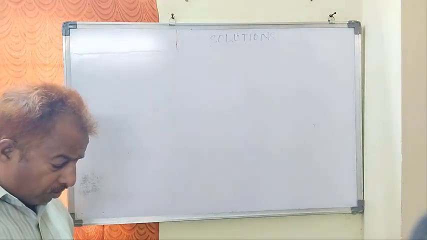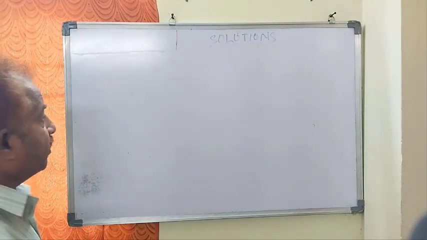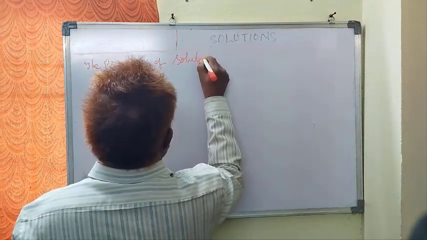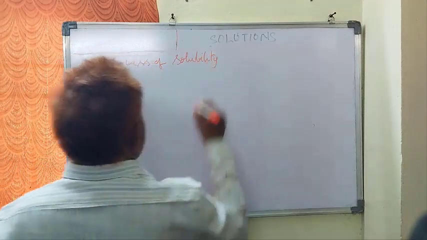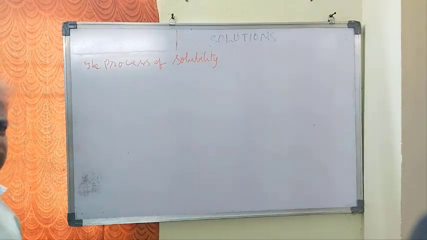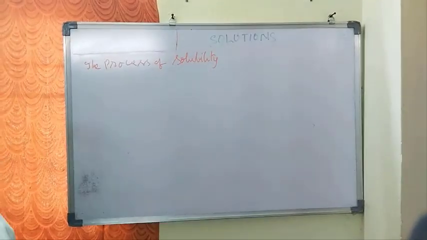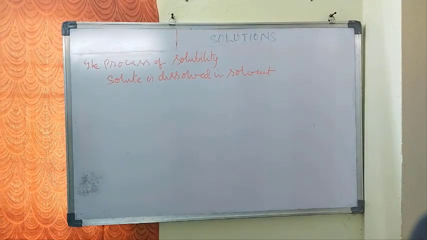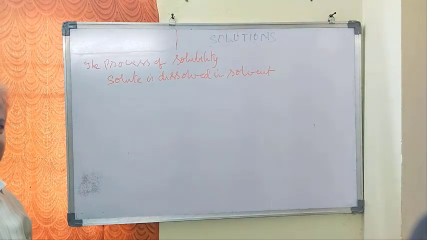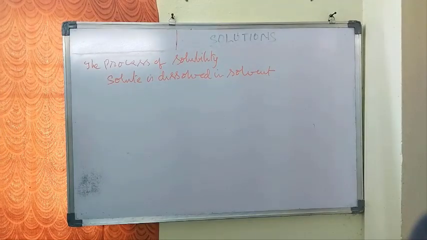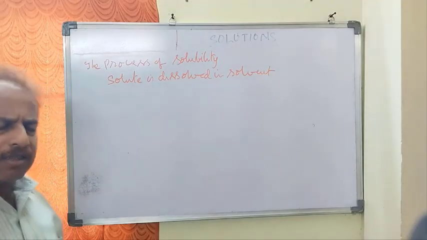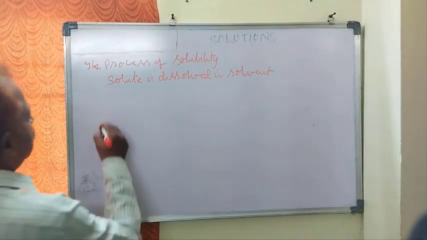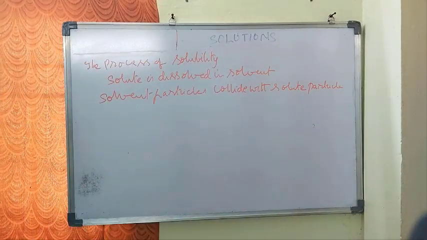How does solubility occur? Let us look at the process of solubility. When a solute is dissolved in a solvent, say water, which is a universal solvent, what happens? We know that the molecules move at random in all directions. So when a solute is kept in solvent, solvent particles collide with the solute particles.